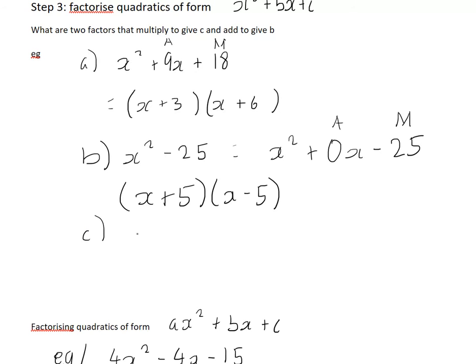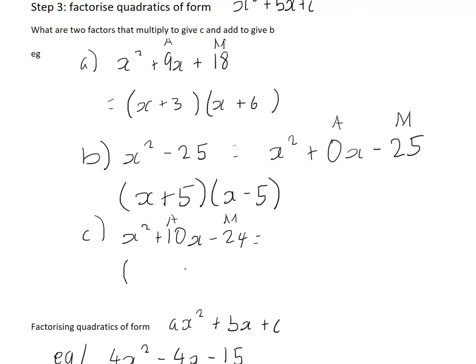All right, so just do one as an example for you guys. So we'll go x squared plus 10x minus 24. And we'll see how you go here. So remember, what adds to give 10 and multiplies to give negative 24? Have a crack. All right, so what adds to give 10 and multiplies to give negative 24?